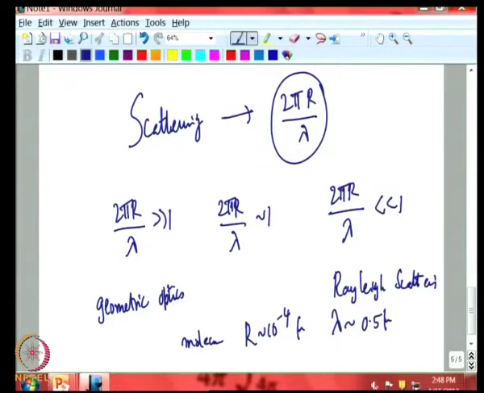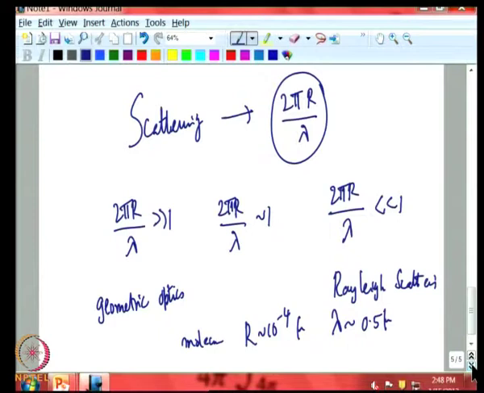So, this phenomenon is very important, and we do see examples of that in everyday experience of rainbows and other phenomena of scattering, which we will discuss somewhat later.